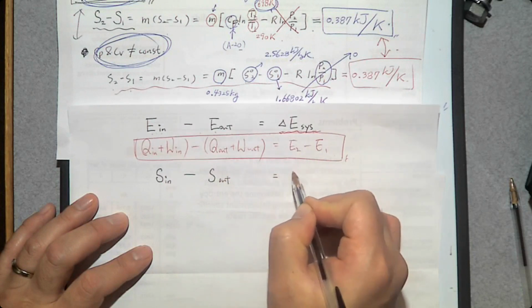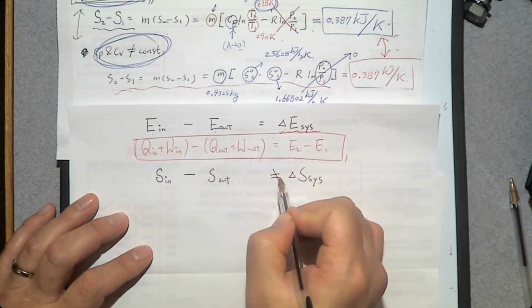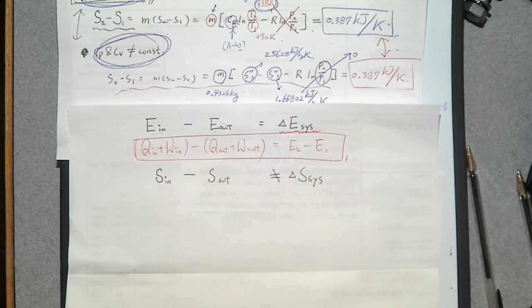So this is not going to be the change of entropy of a system, because entropy should increase unless the process is reversible. However, most engineering processes are irreversible, so entropy always increases practically.